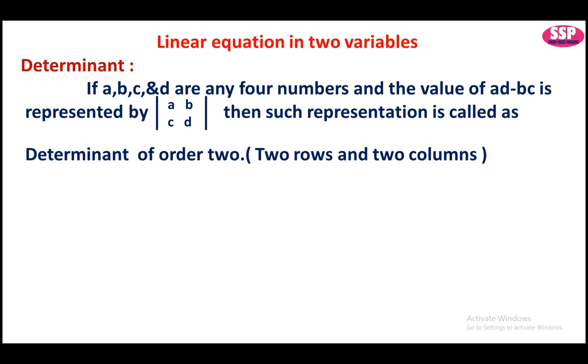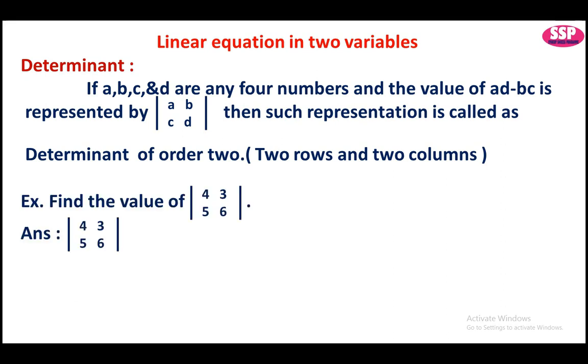Let me solve one problem. How to find the value of the given determinant? Write down the given determinant is equal to the product of the first row's first element and the second row's last element, 4 multiplied by 6, minus the second element of the first row multiplied by the first element of the second row, that is 3 multiplied by 5.